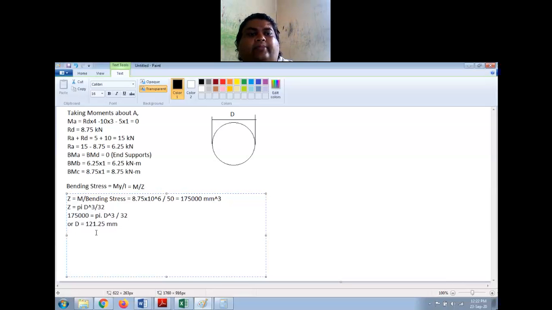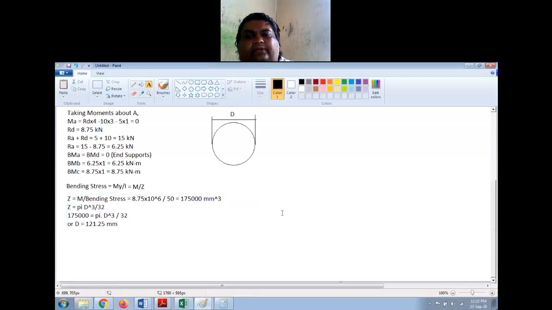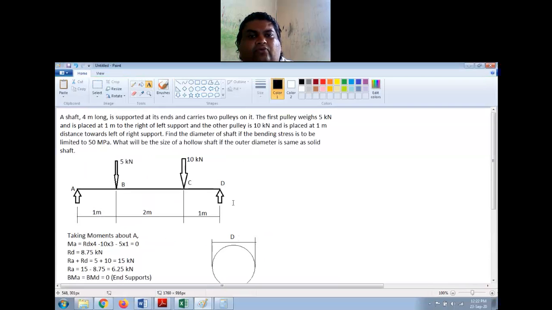So this is the diameter of the shaft that is required for this particular beam.